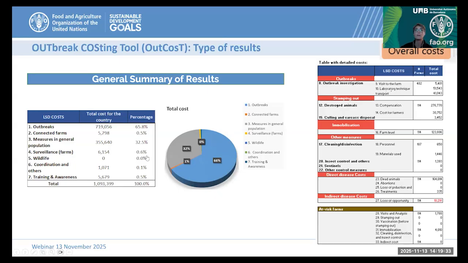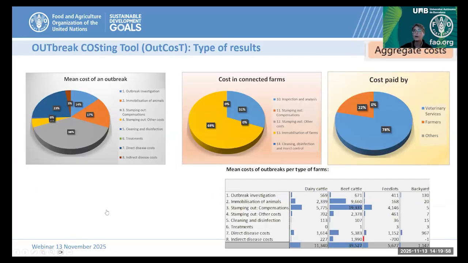Some proportions and related figures are also provided. In the same spreadsheet, you can find a more detailed, even though aggregated, description of the cost of what is included, what activities are included in the different sections, either immobilization or stamping out and so on.